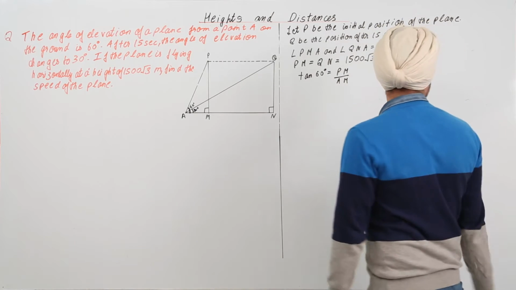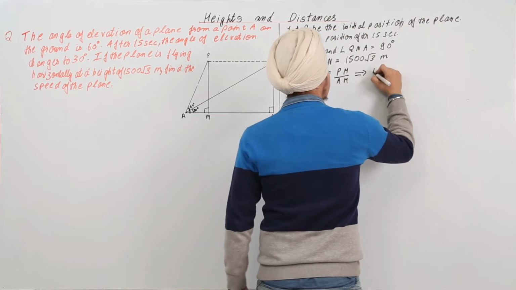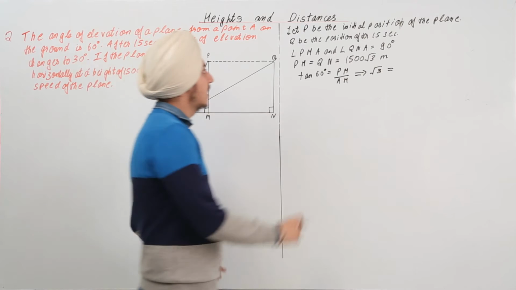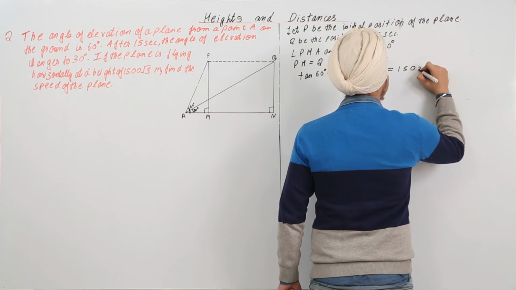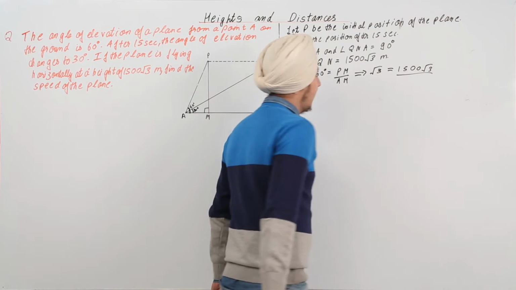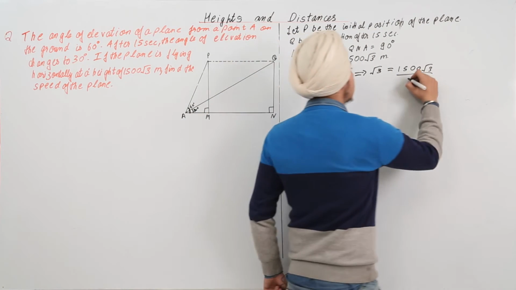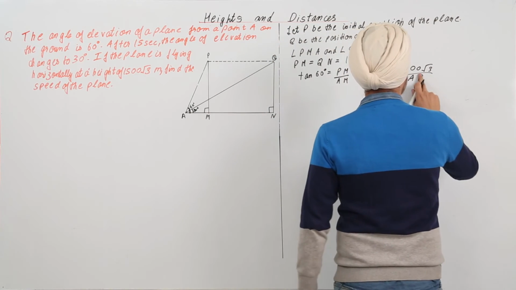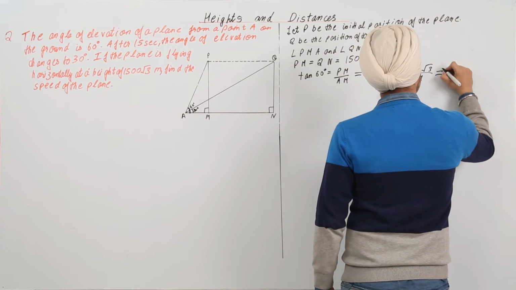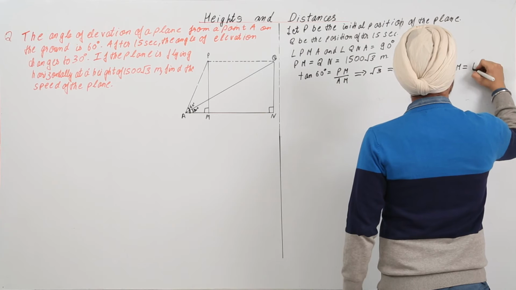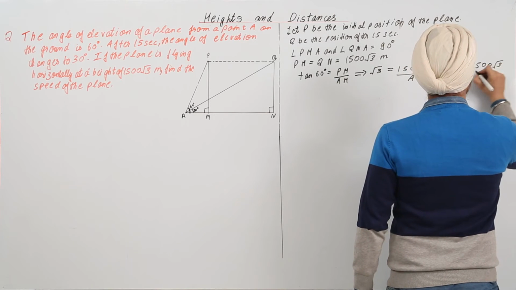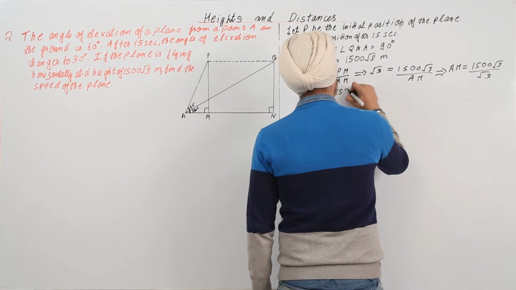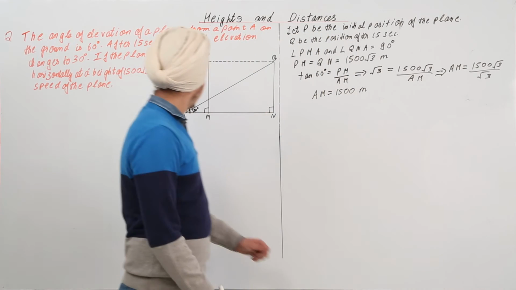Now tan 60 degrees is equal to root 3, which is equal to PM, which we already know is 1500 root 3, upon AM. We need to find out AM. From here we get AM equal to 1500 root 3 upon root 3, or AM is equal to 1500 meters. So now we know the value of AM.